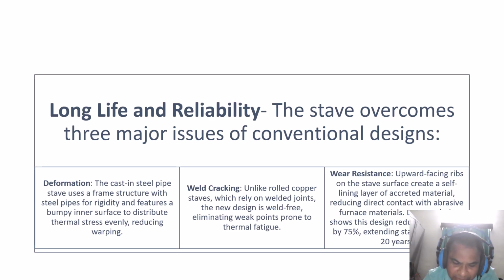And this is what the last slide summarizes: once we use copper coolers, it helps take care of deformation, weld cracking and wear resistance in a big way. Thank you.